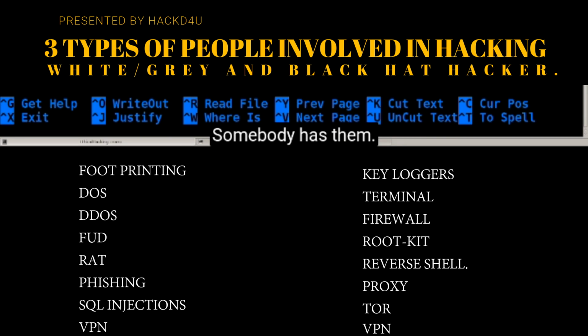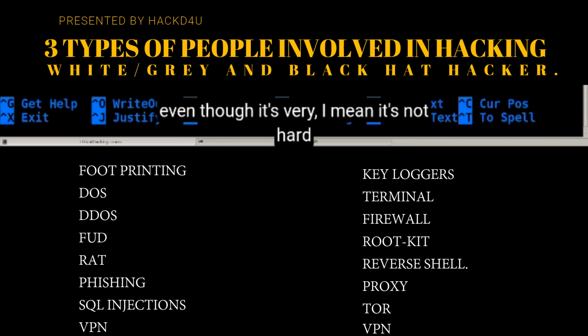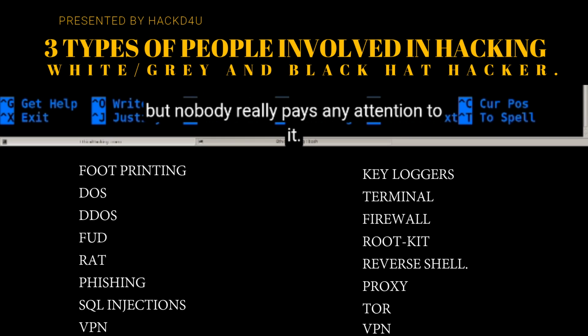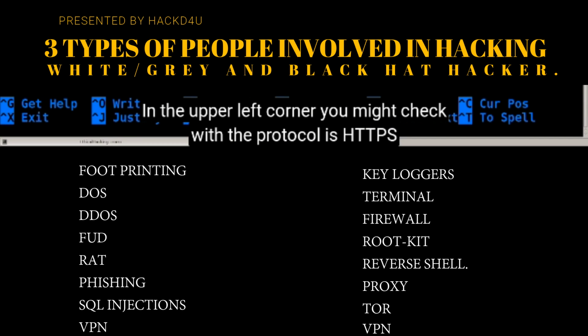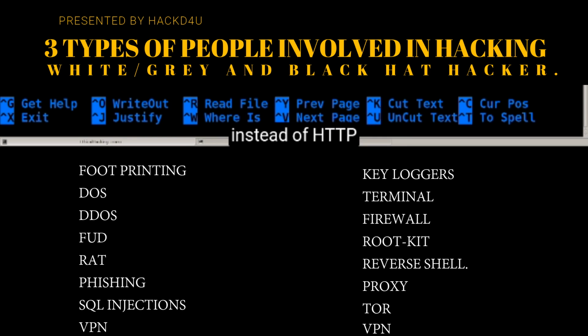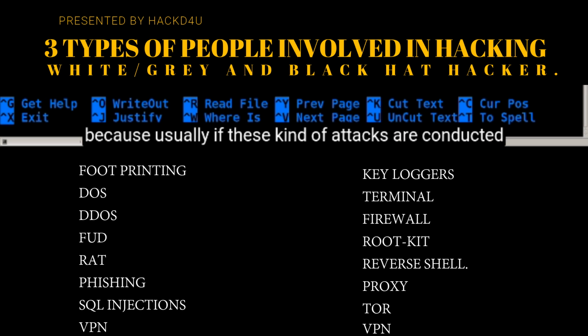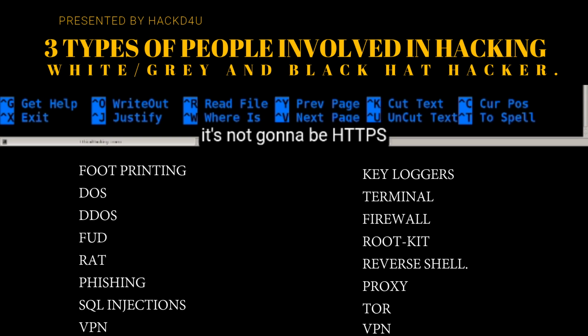Somebody has them. One of the ways to detect this is not hard, but nobody really pays any attention to it. In the upper left corner, you might check whether the protocol is HTTPS instead of HTTP. Usually if these kinds of attacks are conducted, it's not going to be HTTPS, as that is a lot harder to implement.